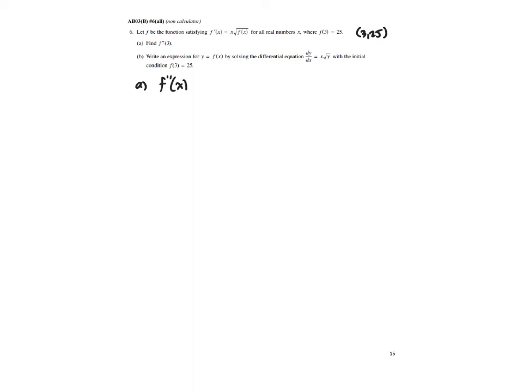If I want to know f double prime of 3, I got to know f double prime of x. That's going to require me to use the product rule as well as the chain rule. So I'm going to take the derivative of the first function. Derivative of x is 1. Leave the second alone. That'll be the square root of f of x plus the first times the derivative of the second.